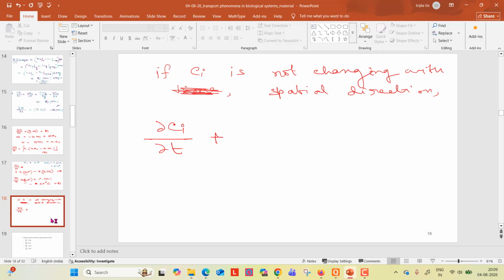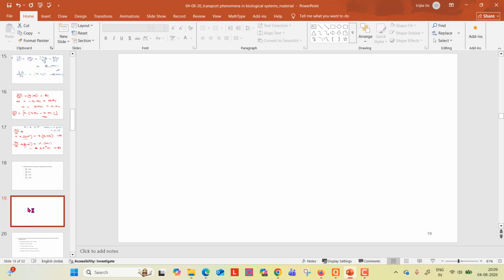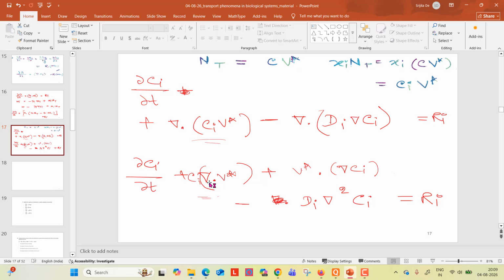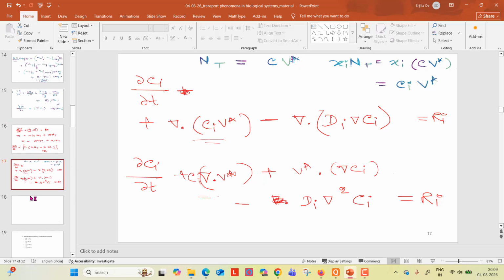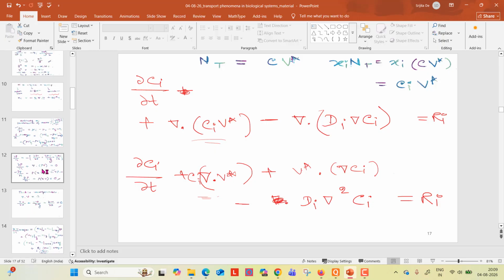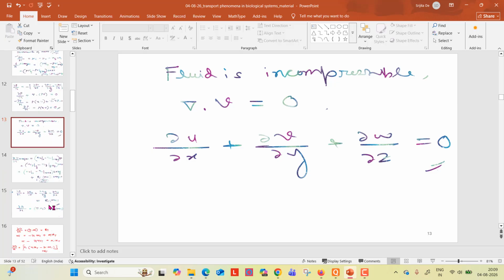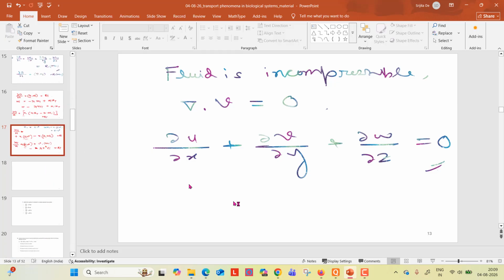Sorry. Why are we negating this term? Because the divergence of V is zero, as we have derived from the incompressible fluid situation, right? How can I forget this? Sorry, extremely sorry. From the incompressible fluid situation, we have discussed that the divergence of velocity is zero, right? So this term will anyway no longer survive.